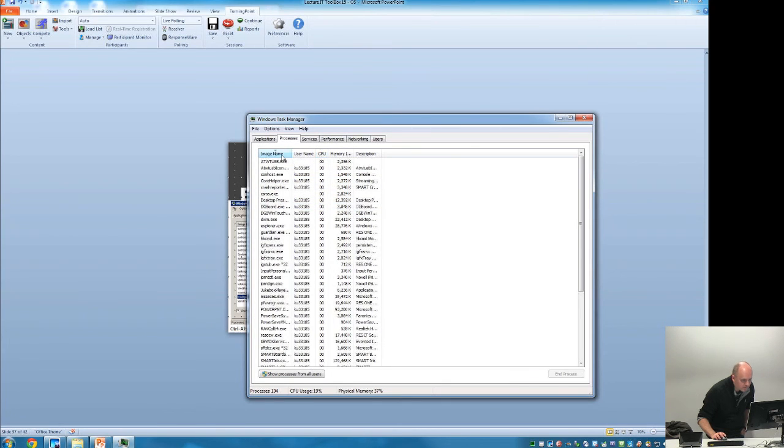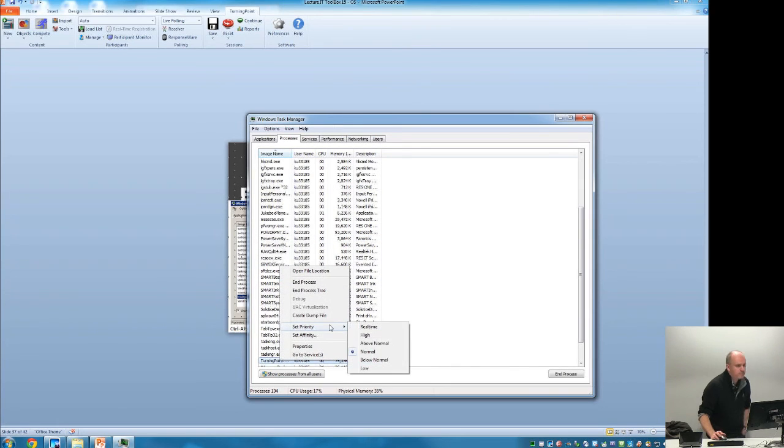It's called here. Which is normal, okay? So when you are running applications, by default, Windows is going to set a priority, but you can change it if you want.